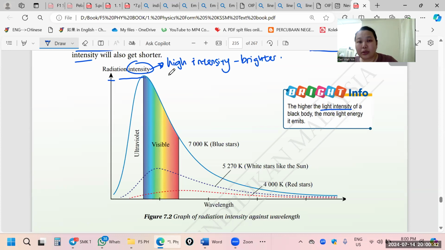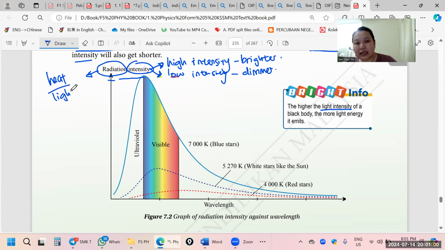When we say something has low intensity, we say it is dimmer. Okay? So radiation means the heat and the light can be emitted out. So high intensity is brighter, low intensity is dimmer. Get the idea?